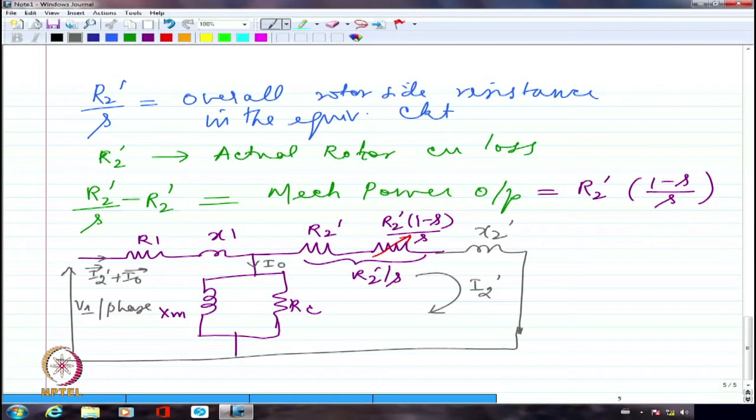Stator conductors are continuously looking at the frequency only as F1. Yes, because this is essentially carried by the stator winding to establish the flux initially. Right? It is the same thing like a transformer. The mutual flux is established initially by the primary or whichever winding I am exciting.